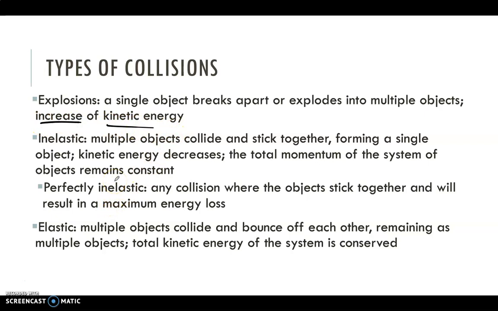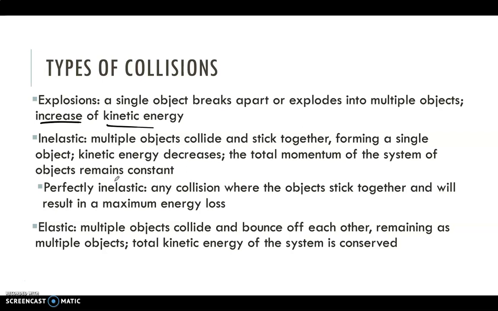All right, then we have an inelastic collision. Okay, this is when we have multiple objects, so maybe 2 billiard balls or something, and they stick together, forming a single object. Okay, so that is actually more like the track that we saw. We had 2 little carts on the track, and then they stuck together because they had magnets on them.